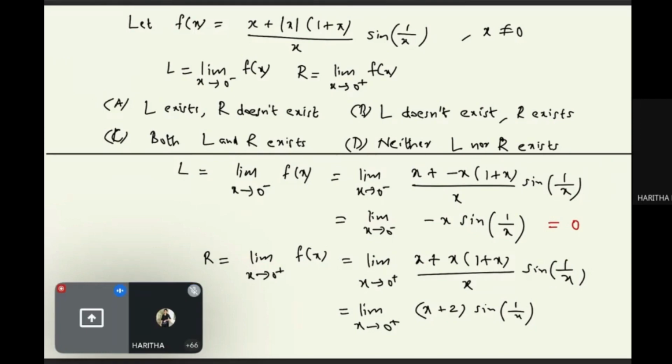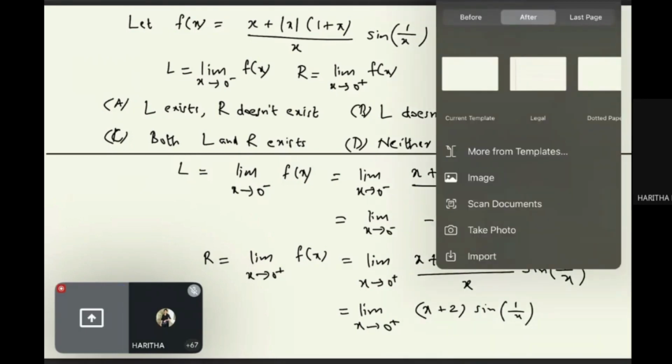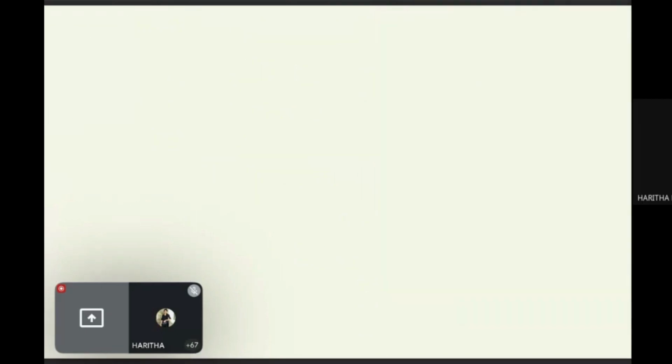Now, any idea whether this exists or not? Maybe we can split this into two as follows. Maybe I will write it on another page. We got the limit as x tends to 0 plus of (x plus 2) times sine 1 by x.